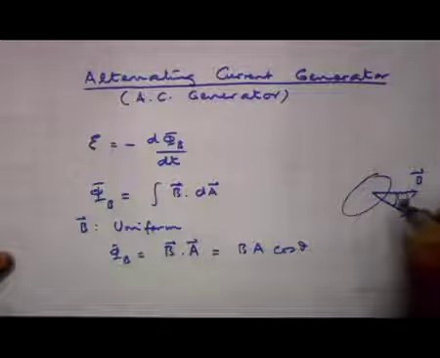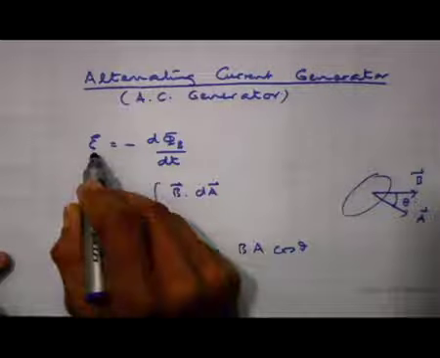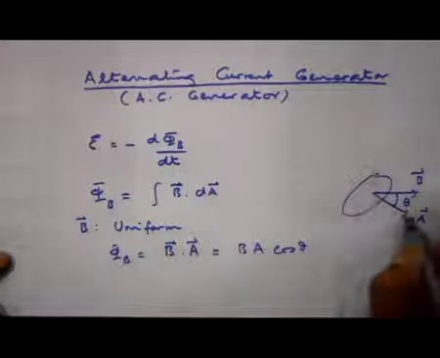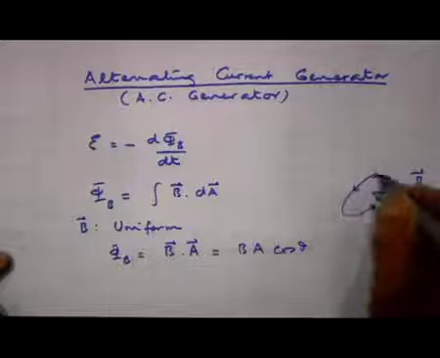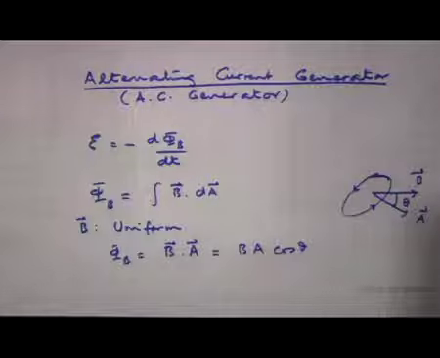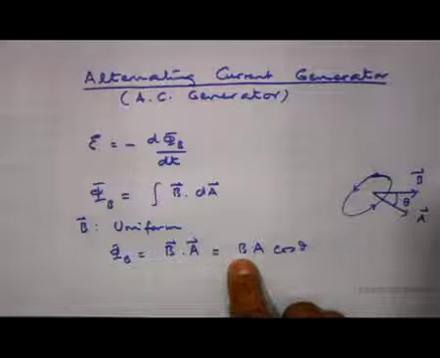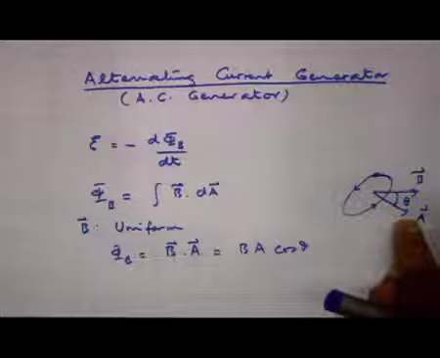I must consistently use the EMF calculation on the left hand side with the flux I define on the right hand side. The EMF, which is the integral of E dot dl, must be integrated in this direction so that I am in the right handed screw notation. So, the magnetic flux through this loop is proportional to the magnetic field, and depends on the area of the loop and the angle between the area vector and the magnetic field.